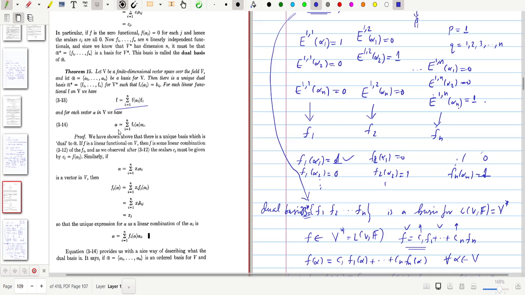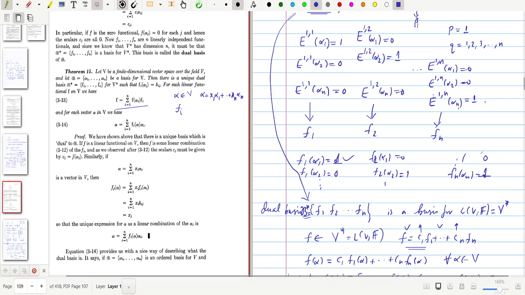In a similar way, you can write any alpha belonging to the vector space V. Since alpha 1, alpha 2, alpha n is a basis, this alpha can be written as x1 times alpha 1 plus etc. xn times alpha n. How you extract this x1 is another point.